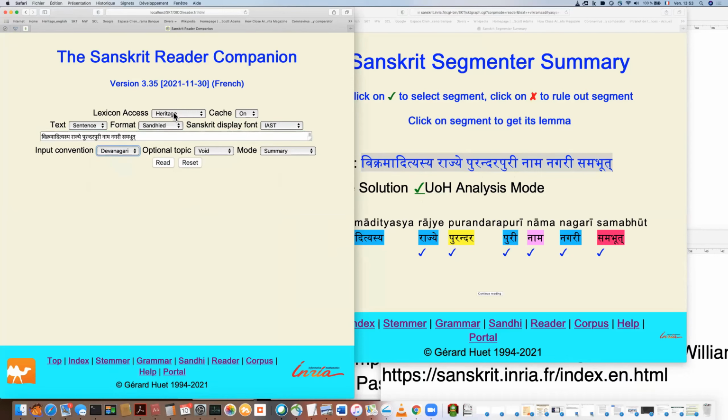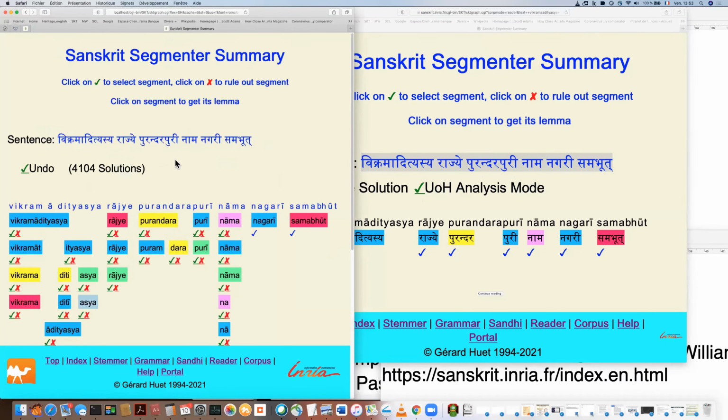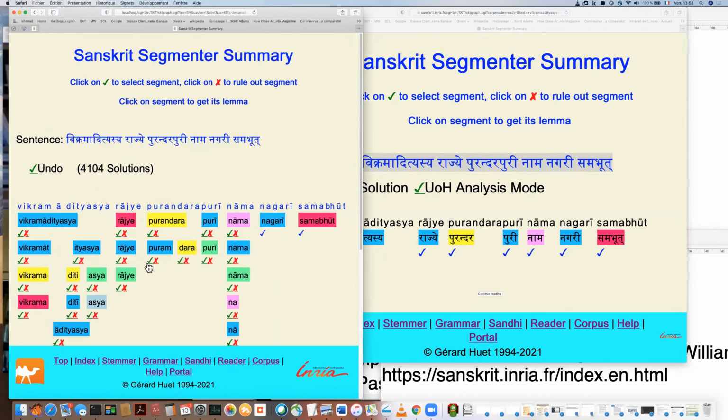For you, you will have access to Monier-Williams if you prefer. Okay, so now you see that we have to do the work of segmenting. We have 4,000 solutions, and the goal is to get at this one. So here, the first word is already selected.